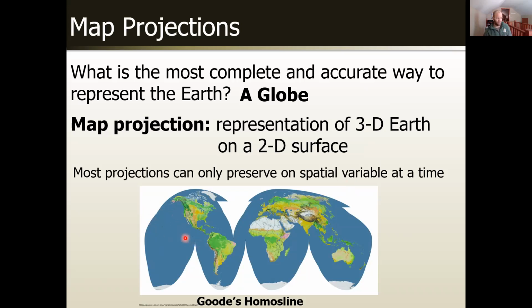This projection, in fact, really does not distort size or shape. However, it is kind of a goofy setup, if you will, for projections. And so you don't often see this in many professional or kind of popular outlets. It is there and can be used.